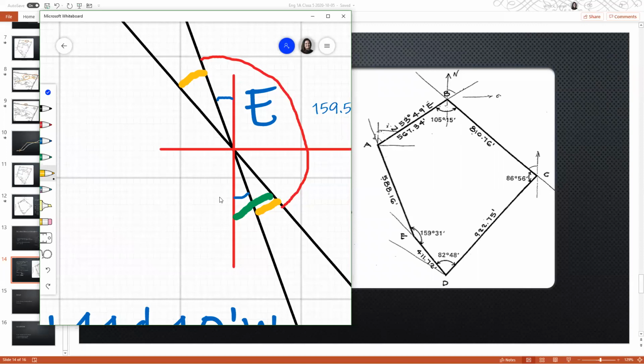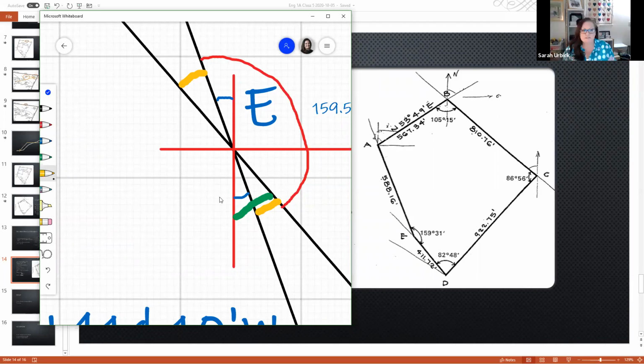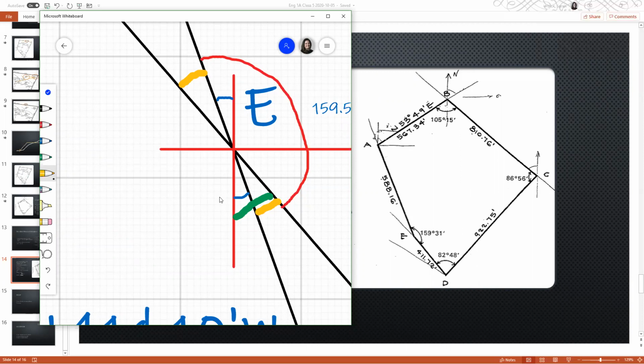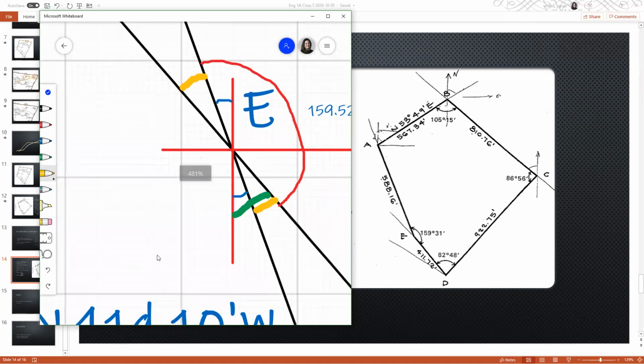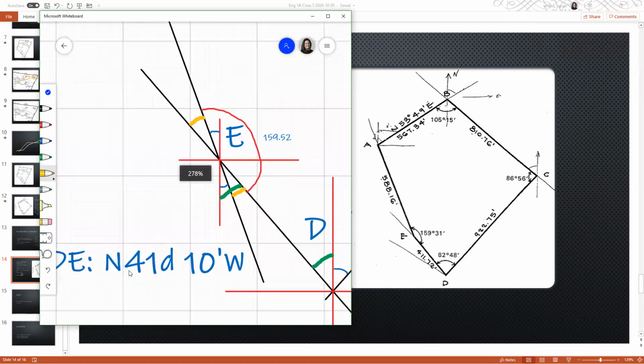So, anybody done the math yet? Might be north 20 degrees, 41 minutes west. Yep. All right.